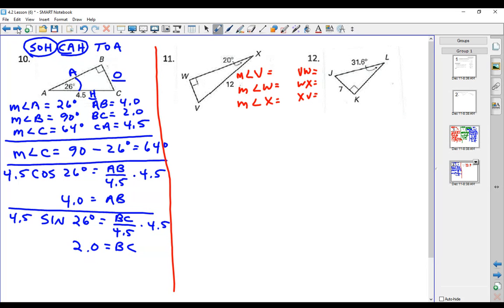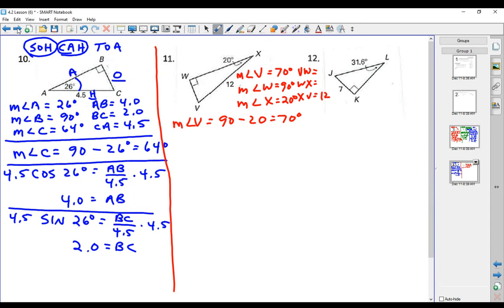We know that angle W is a 90-degree angle. We know that X is a 20-degree angle. We know that side XV is 12. I know one of my two acute angles, so all I have to do is simply subtract from 90 to find angle V. So 90 minus 20 equals 70. So angle V is 70 degrees.